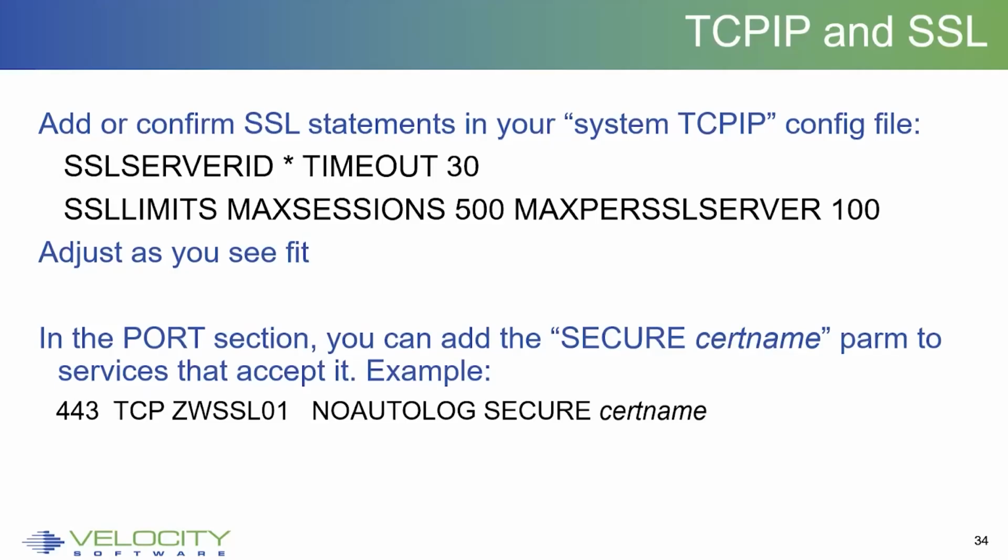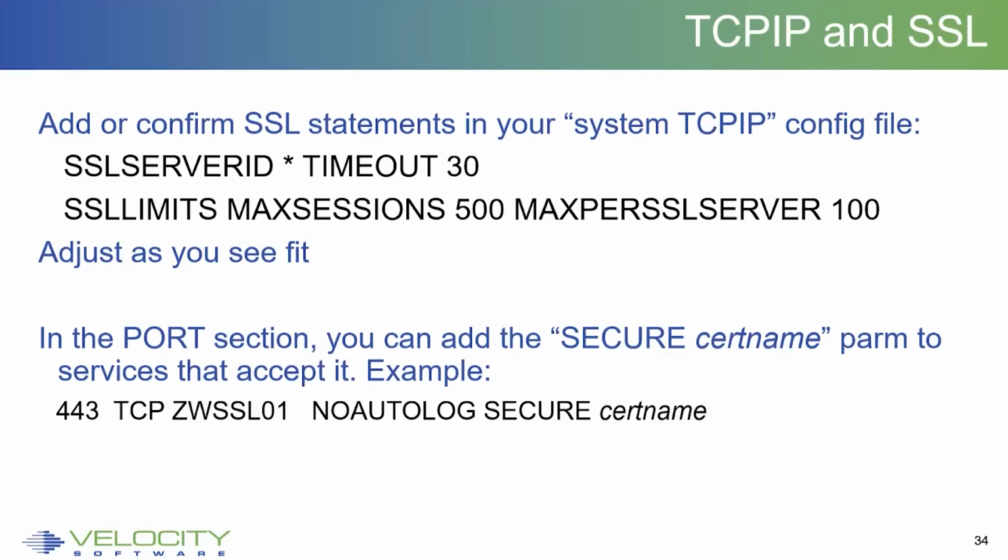Now you're going to add or confirm SSL statements in your system TCP/IP config file. However you've got your TCP/IP configured on your system, whichever file has all the TCP/IP configuration statements, that's the one you're going to be working on to add these statements.